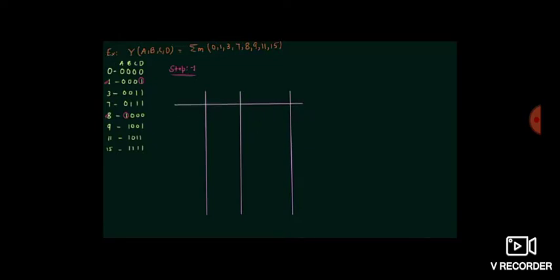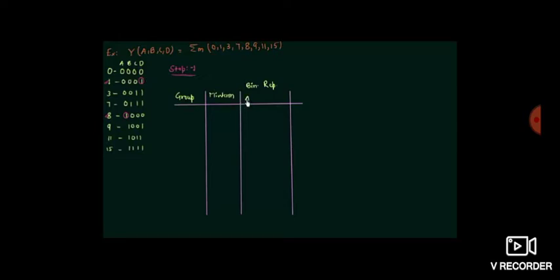First column, we write the group number. Second column, we write the minterm. Third column, we write the binary representation.